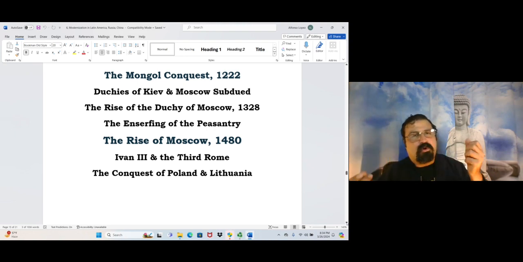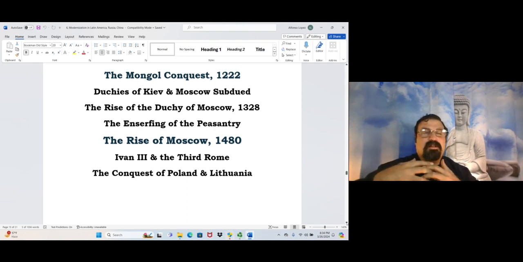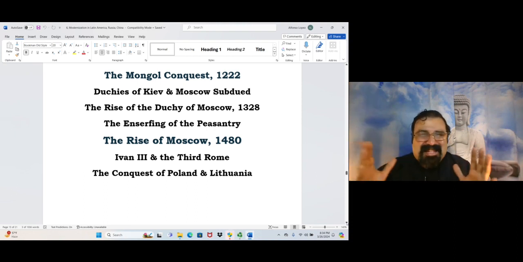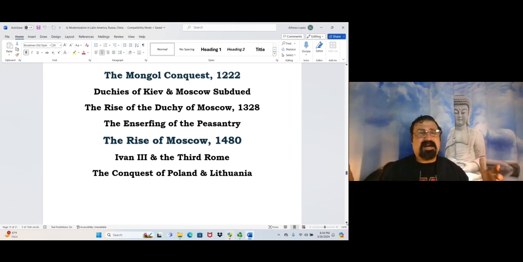Although it is still controlled by the Mongols, they are paying tribute to the Mongols. The Duchy of Moscow is now growing in political power as well. They are making deals with the Mongols to retain a certain degree of independence, only if they pay tribute to their overlords, for example.